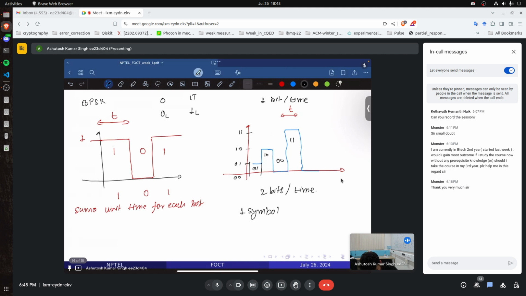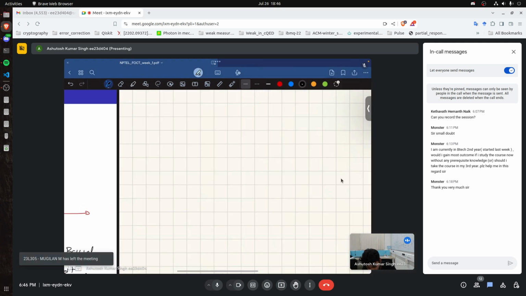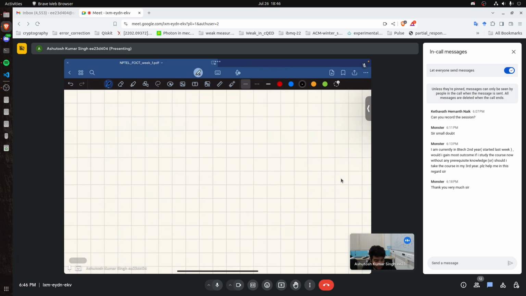So symbols per unit time is called baud rate, and bits per unit time is called bit rate. Now you can see these 2 quantities are interlinked with each other, and if they are interlinked, there has to be a relationship that connects the 2.